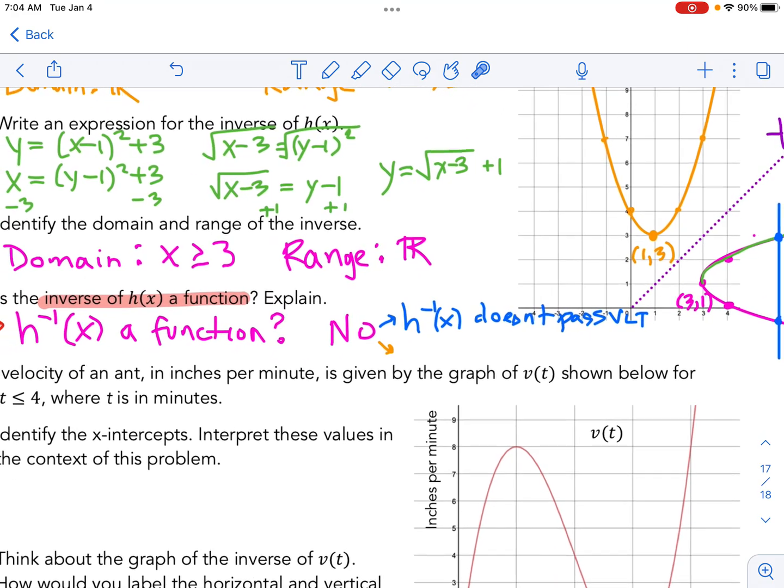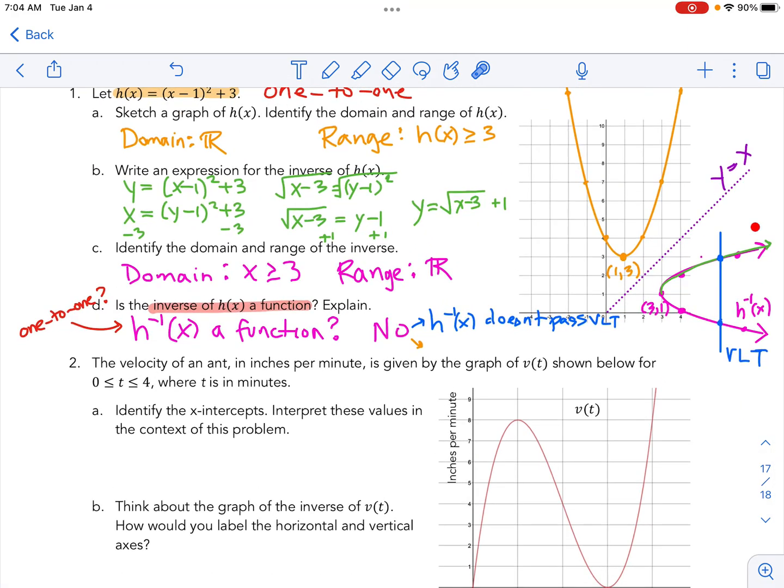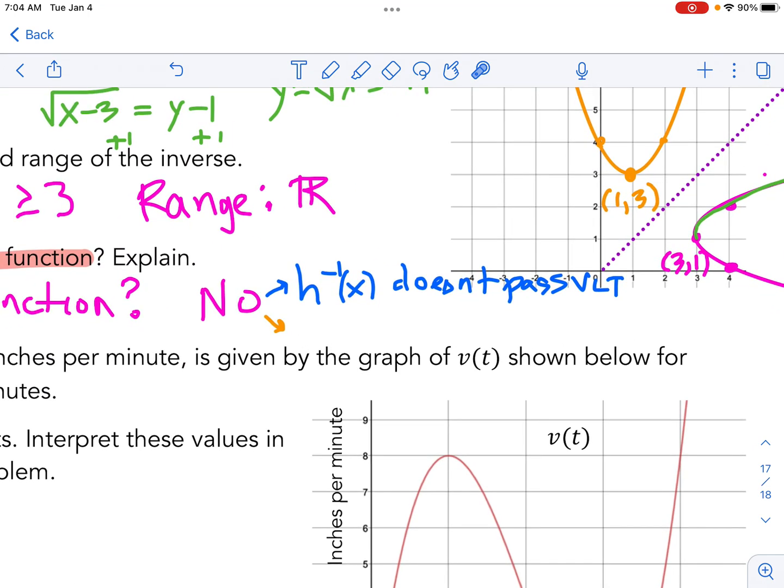And so we can simply bypass the whole idea of drawing its inverse by just looking at the original function and saying as our justification, no, because the original function, h of x, doesn't pass the horizontal line test.